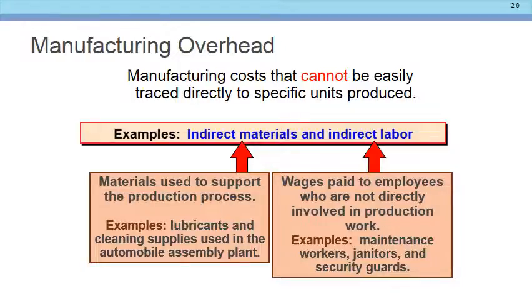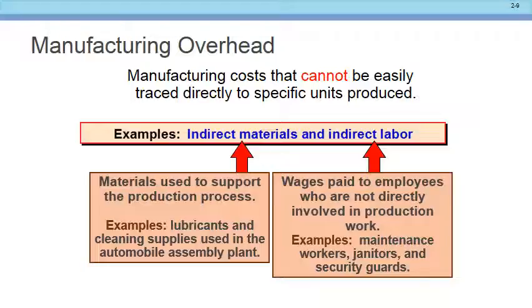So our overhead, our direct materials, and our... let me back up again. Overhead, materials, and labor are manufacturing costs, and it doesn't matter if they're direct or indirect. Let me say that again.